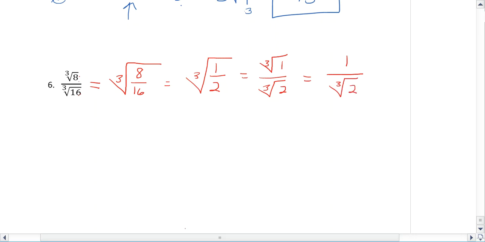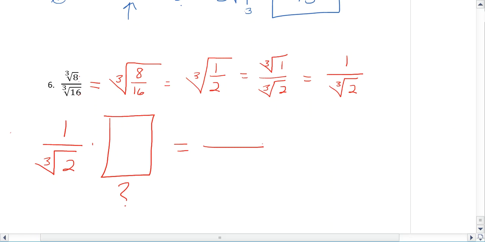So now this problem doesn't look so bad. Well, what I need to end up with is a perfect cube in my denominator, and right now I just have a 2. So this time a little more thought has to go into choosing the multiplier to end up with what I want. So I'm writing this out in a format. This is what we have.